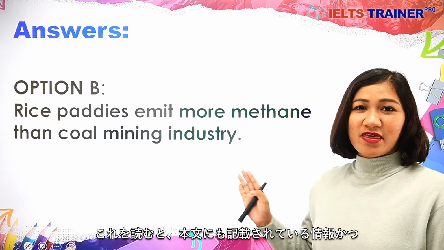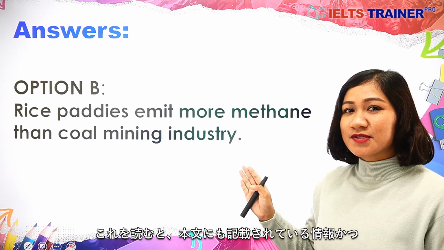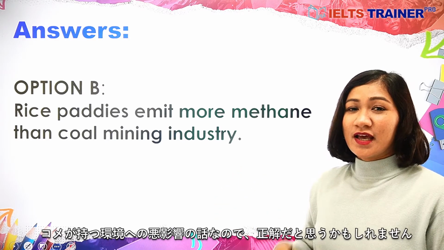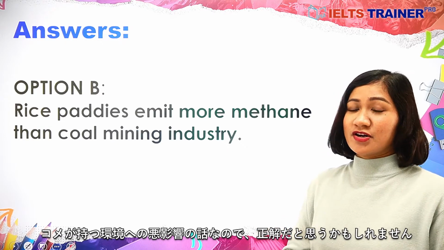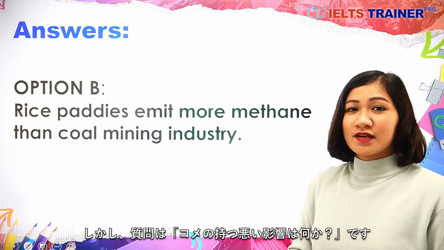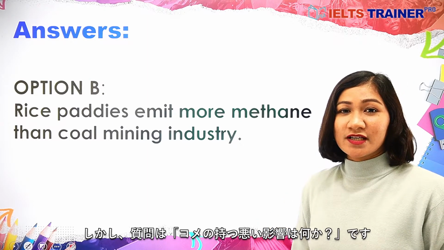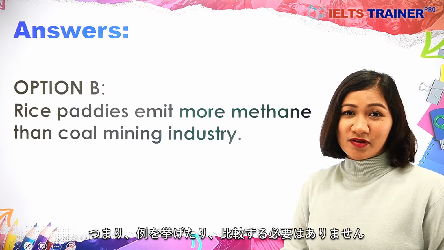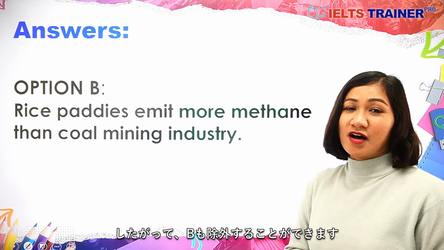Reading this, we may think that this is a correct answer because this information is also stated in the passage, and it talks about the negative effect of rice to the environment. However, the question asks only to name the negative effect of rice, not to give an example of it, nor to compare it. Therefore, we can also eliminate option B.